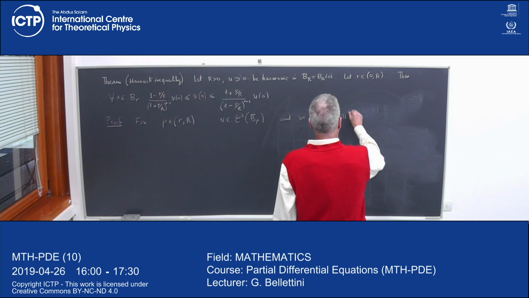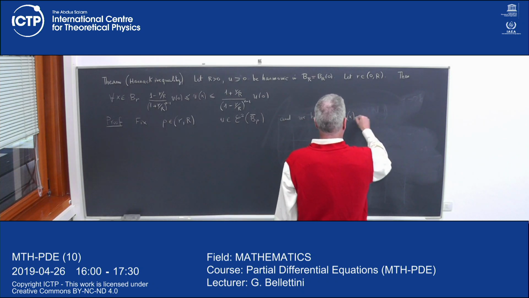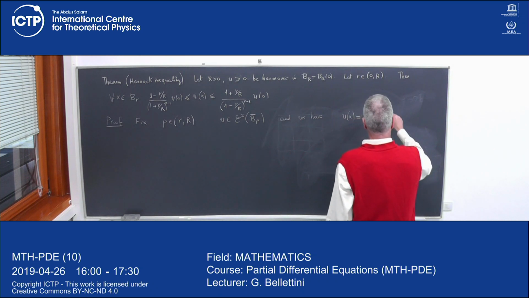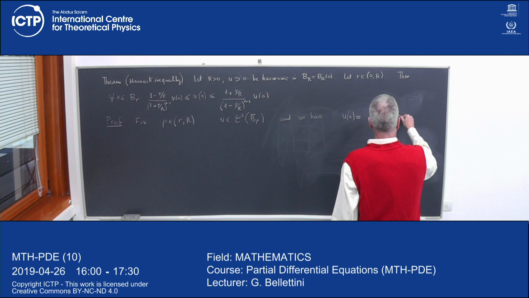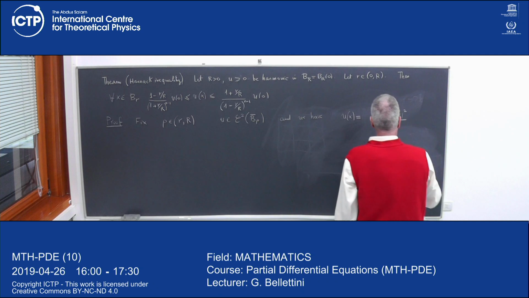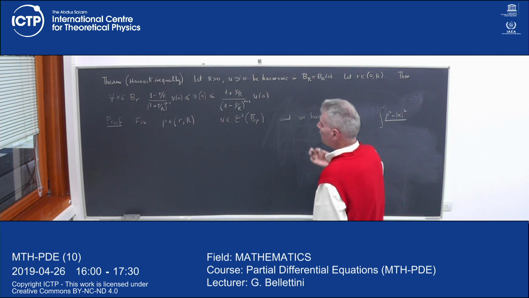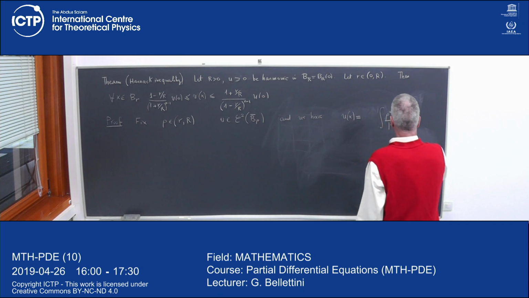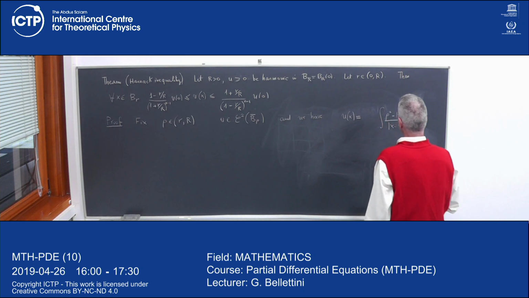So we have that U of x is equal to 1 minus, r squared minus x squared, divided by... So let's do the proof. x minus y to the n.